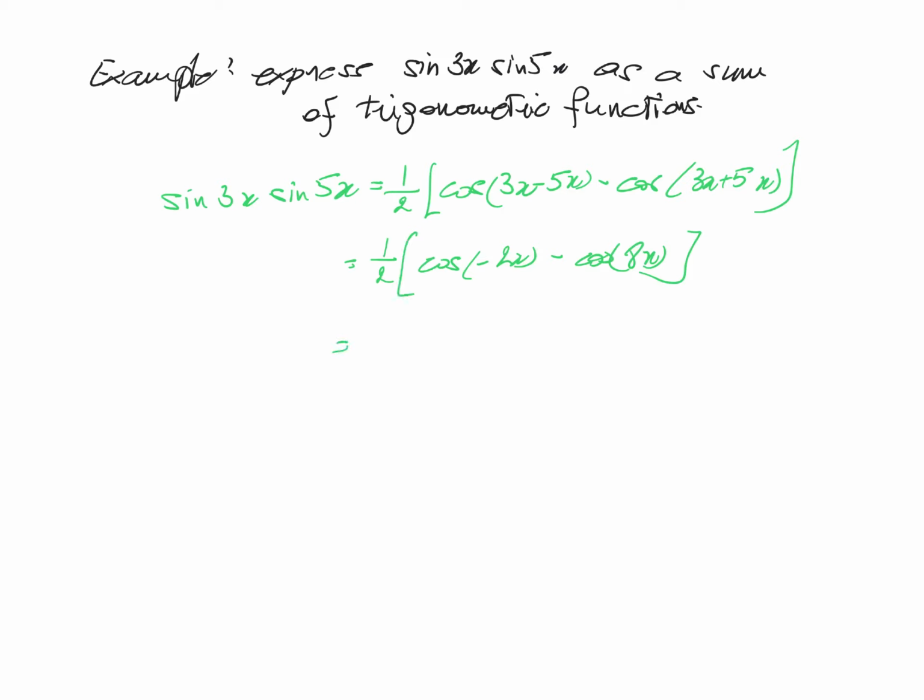And now we know cosine of minus an angle is the same as the cosine of the angle, so it's 1/2 cosine 2x minus 1/2 cosine of 8x.